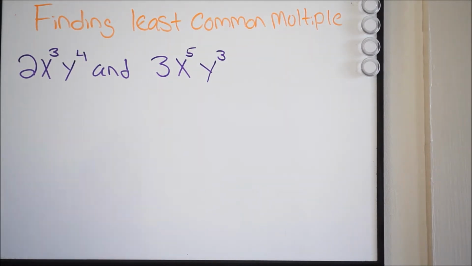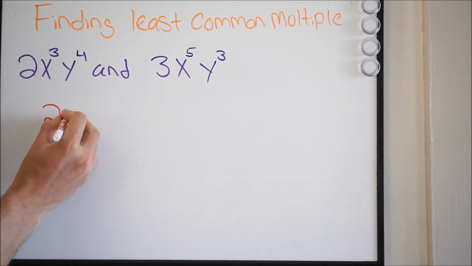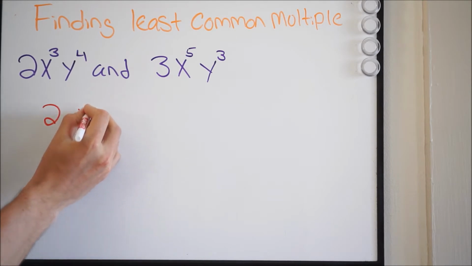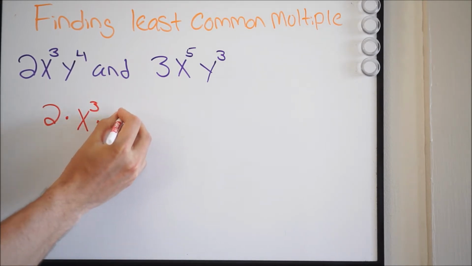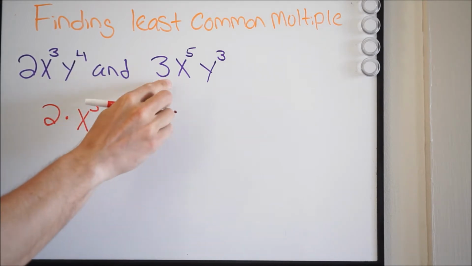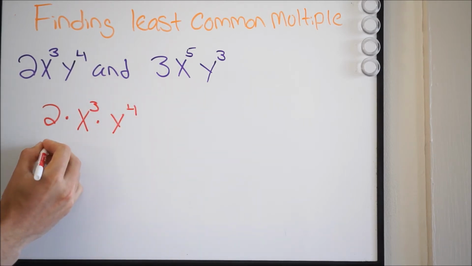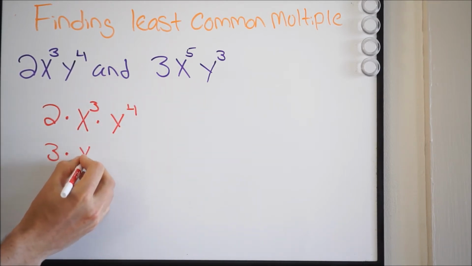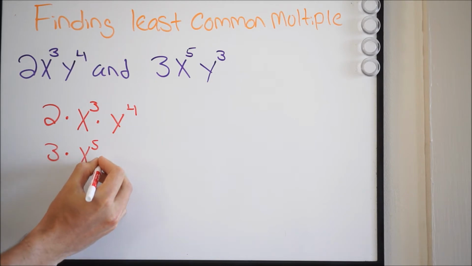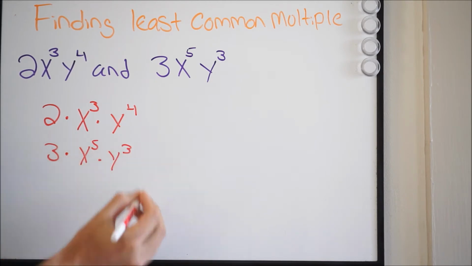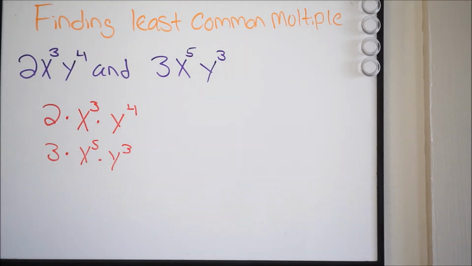I'm going to rewrite this as 2 times x cubed times y to the fourth. And I'm going to rewrite this one as 3 times x to the fifth times y to the third. This just makes it a little bit easier to break down and see what's going on.